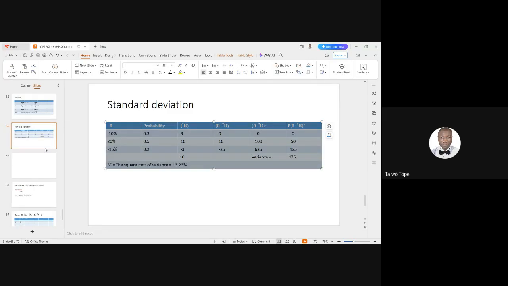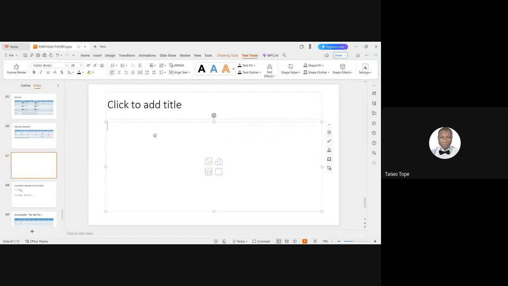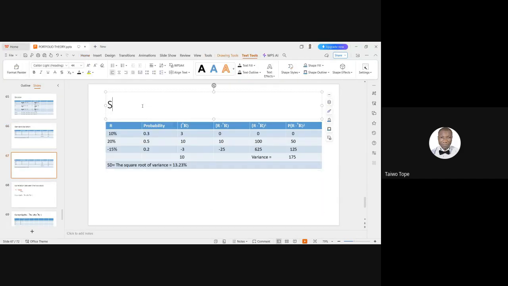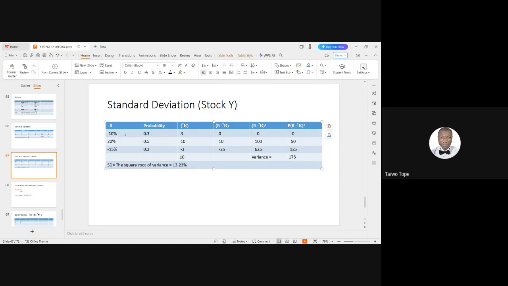Standard deviation for stock Y. The values of our R, we have them as 15%, 30%, and minus 22.5%.